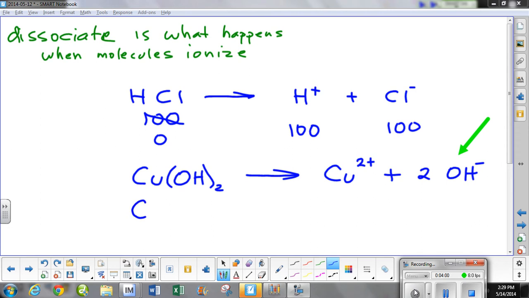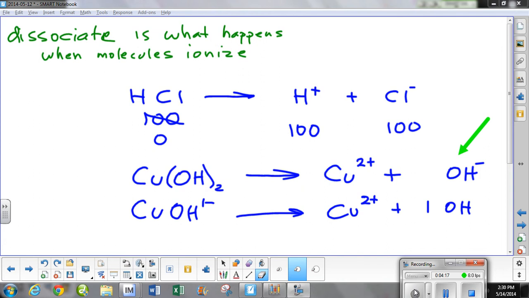The next thing that happens, if we have copper with OH as a 1-, going to copper 2 plus 1 hydroxide, and really we should have done the first ionization this way. One of those, one of those hydroxides and one of the coppers. And then here we would have 1 copper and 1 hydroxide.